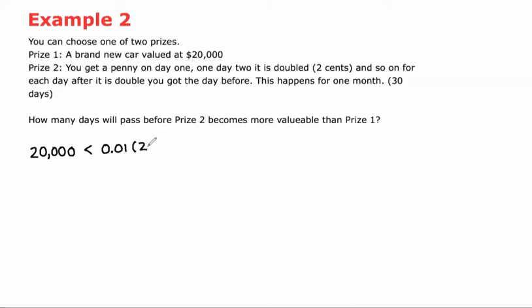So that would be 0.01 times 2 to the d minus 1. And the reason why it has to be d minus 1 is because d equals 1 is the first day, and you only get a penny on the first day. So that would be 0.01 times 2 to the 1 minus 1.